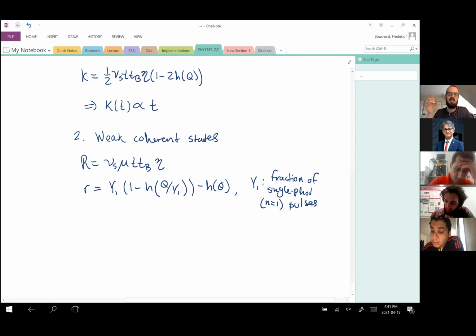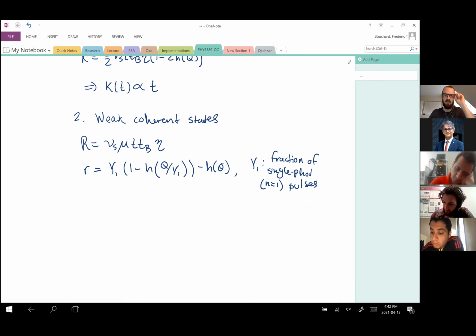If you have a coherent state, there's a probability, one of the terms we had up there, that will tell you the probability of getting a 1 photon state or a 2 photon state. But Y1 is basically your probability of getting 1. And if you add up Y0, Y1, Y2, Y3, they should add up to 1.